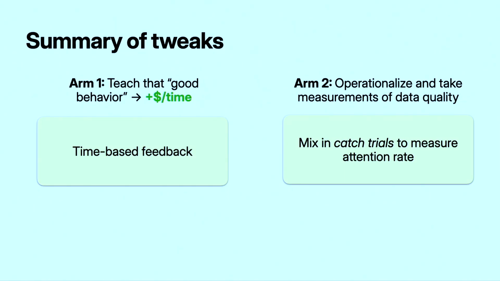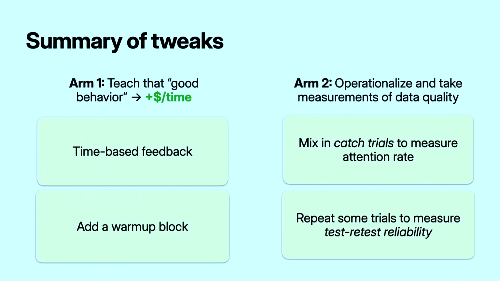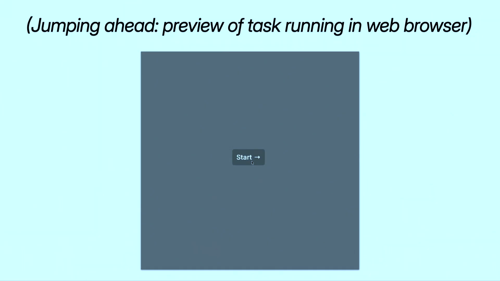The first thing we did there was to mix in these catch trials, which have obvious answers. Thirdly, we added a warm-up block. This is a way to teach the participant that their behavior has consequences, and soon they can learn that and then apply it to your main trials. Lastly, we're using a measure of test-retest reliability in which we repeat trials. And I'll just jump ahead and show you what the task looks like in the web browser. We'll get to this a bit later, but just to give you a sense.